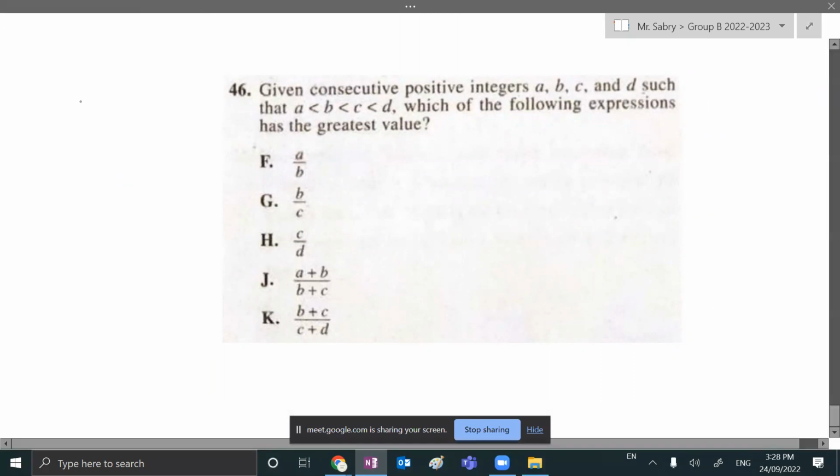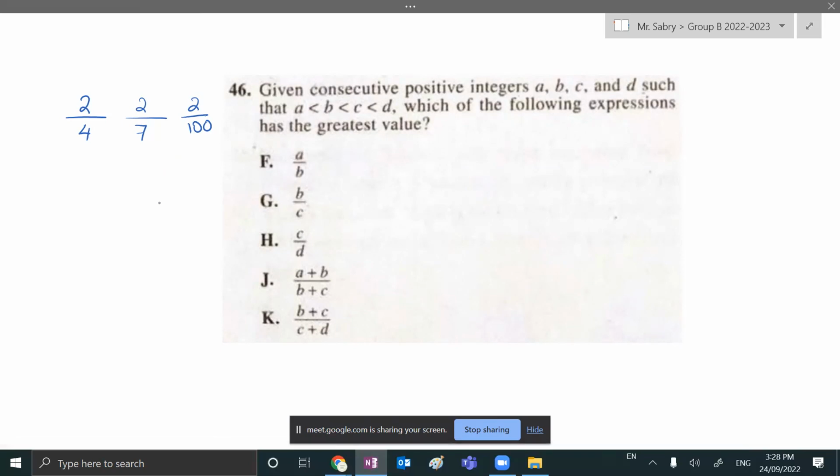For example, if I'm talking about 2 and 4, that's a half. But if I keep the 2 and increase the denominator, let's say it became 7, that's a smaller fraction. 2 out of 100 is an even smaller fraction. So the bigger the denominator, the smaller the overall result, and the bigger the numerator, the bigger the overall result.